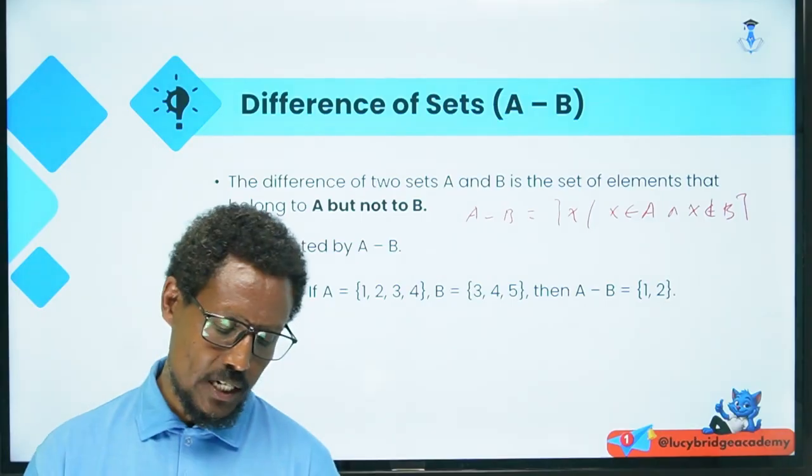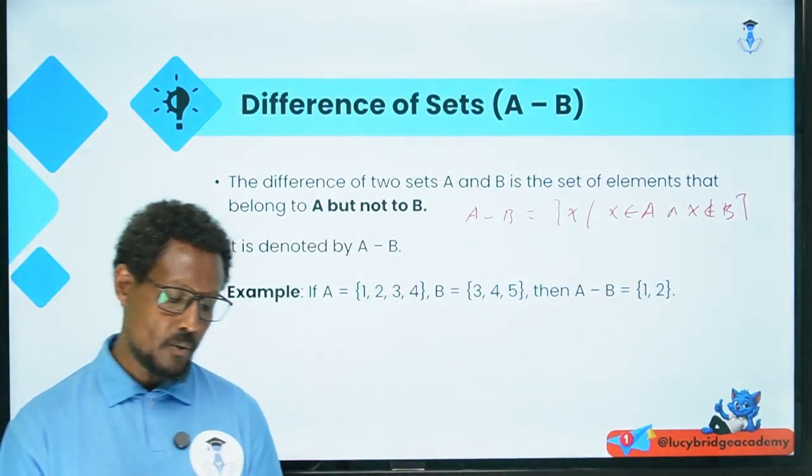If A is equal to 1 2 3 4 and B is 3 4 5, A without B is 1 2.